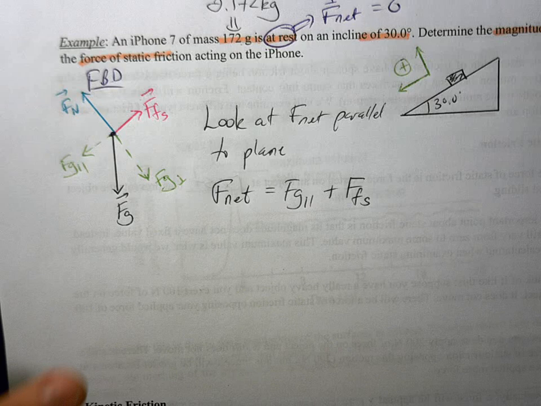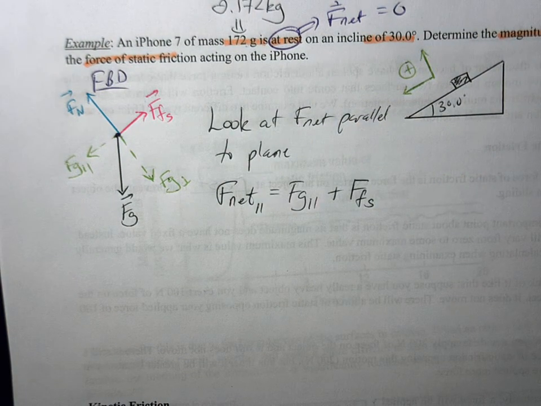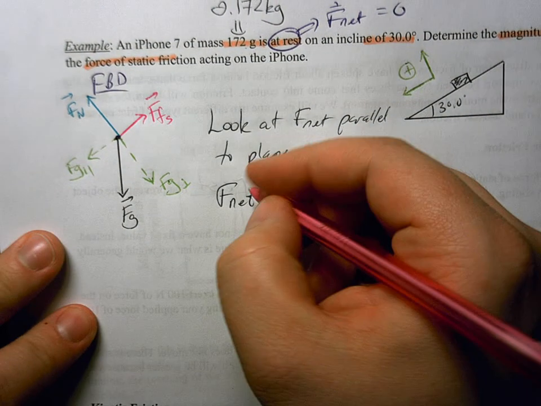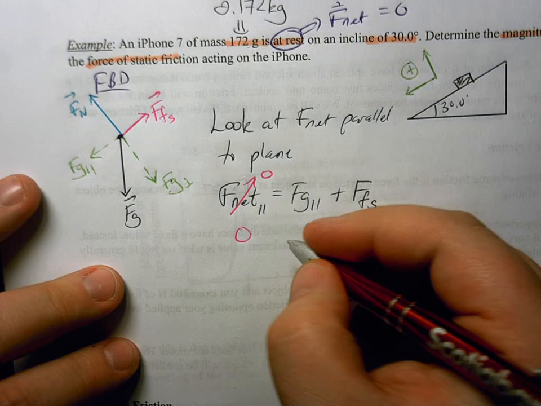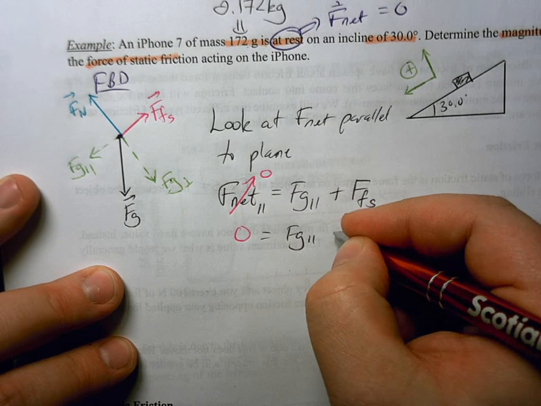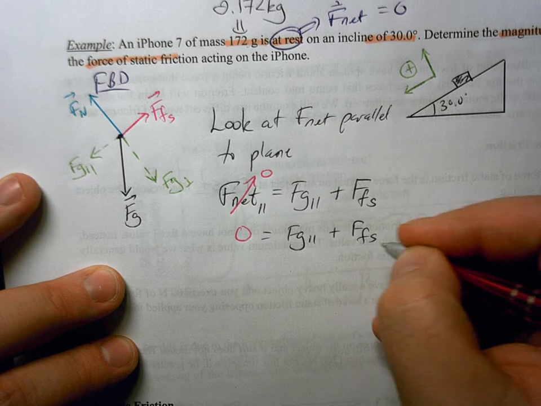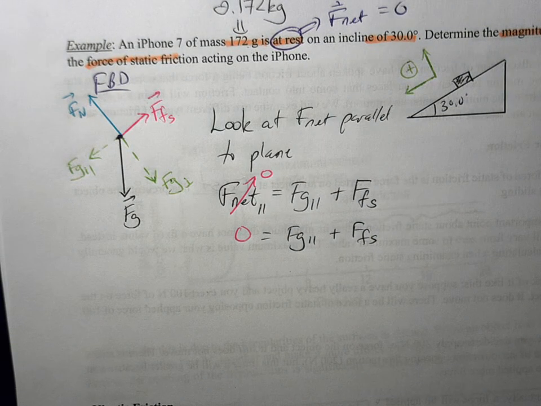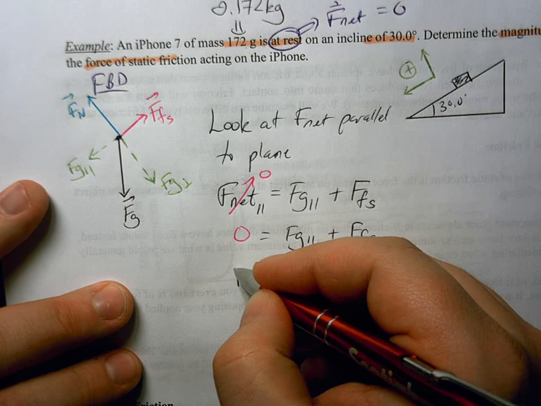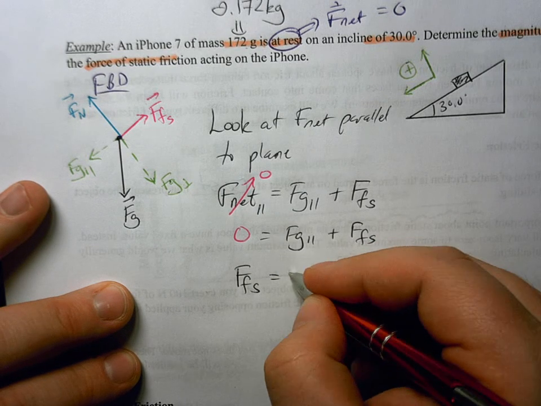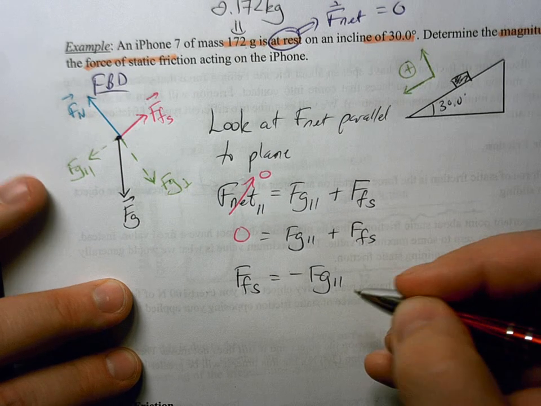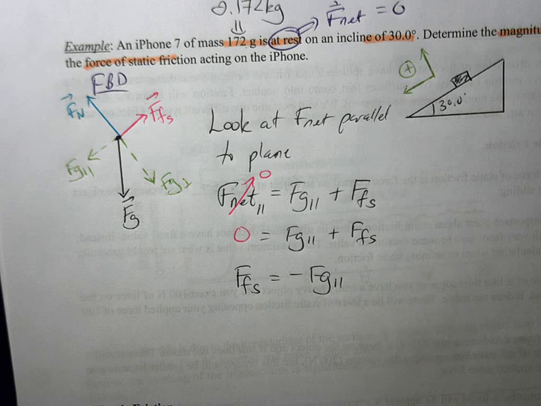Now, the net force on this object is going to be 0 since it's at rest. So we don't actually have to consider this term. This is nice. We like that. So we're going to have Fg parallel plus force of static friction equals 0. So what we know is that the force of static friction is going to be the negative of the force of gravity parallel. And we have definitions for these.